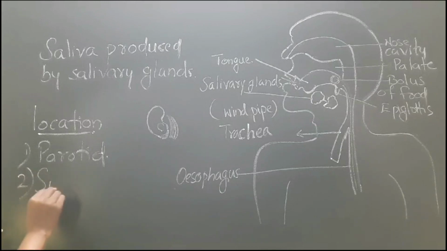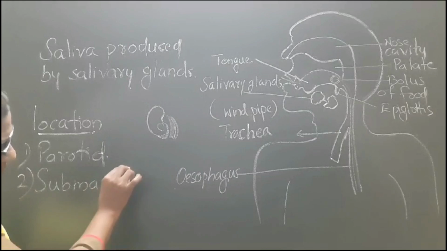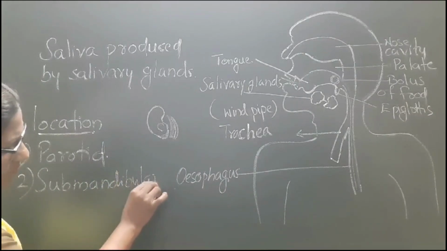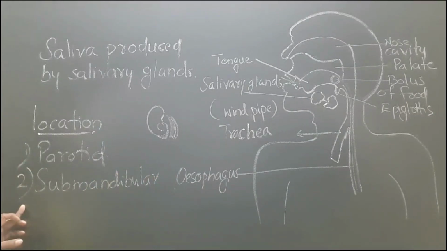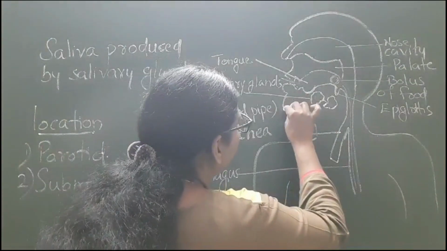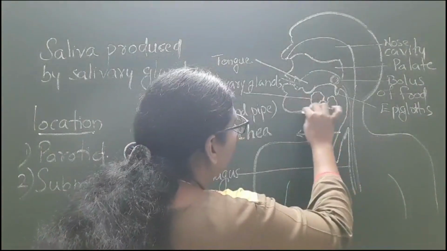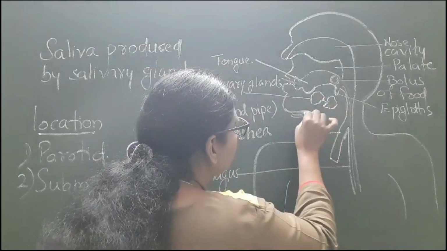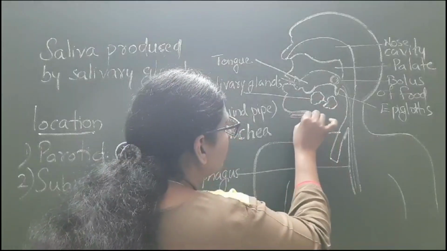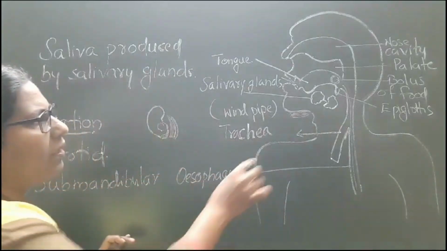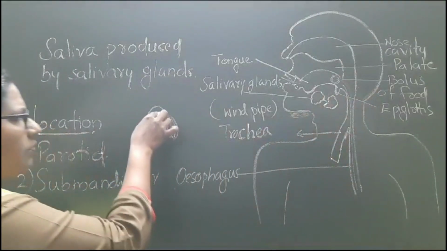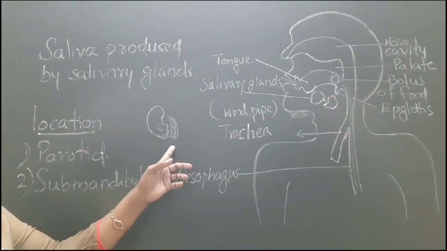Number 2, submandibular. That is below the jaw. So somewhere here it comes. This is jaw, below this. Here in this diagram there is no ear, that is why I drew separately and showed you.